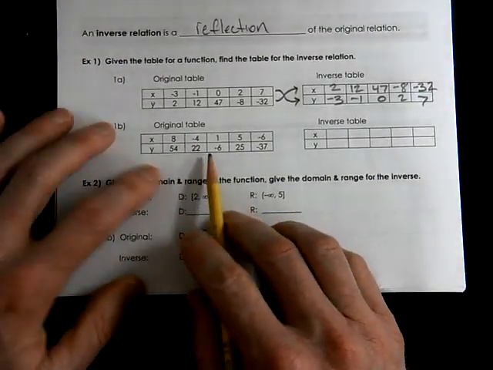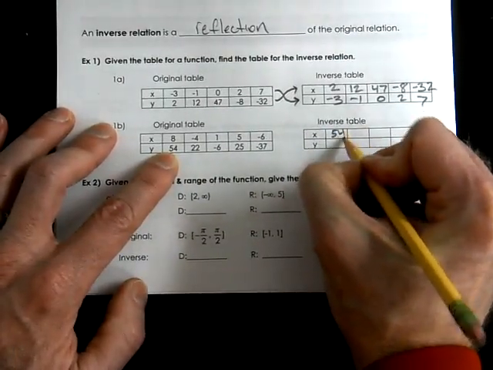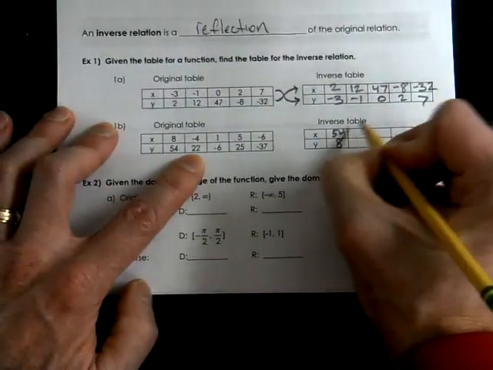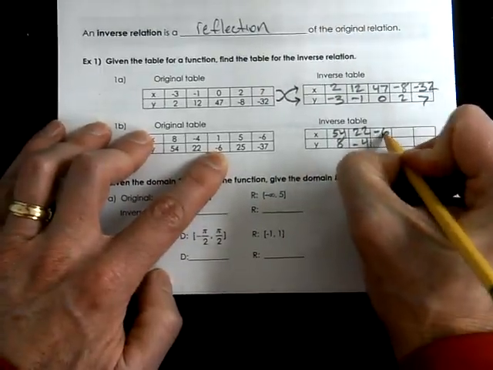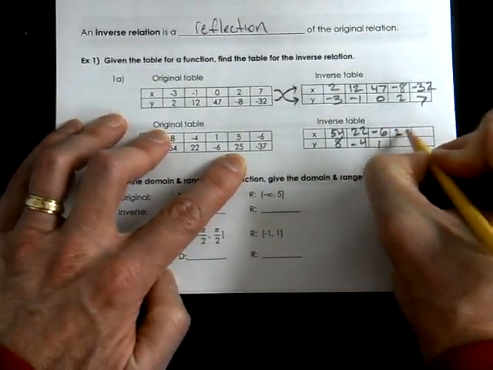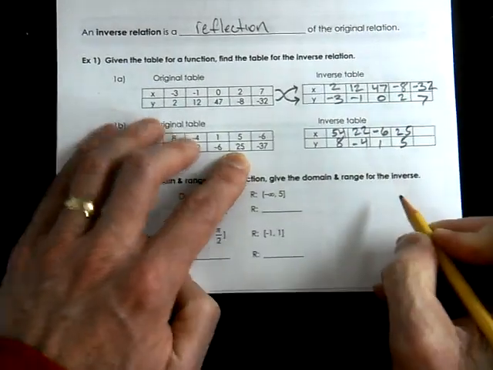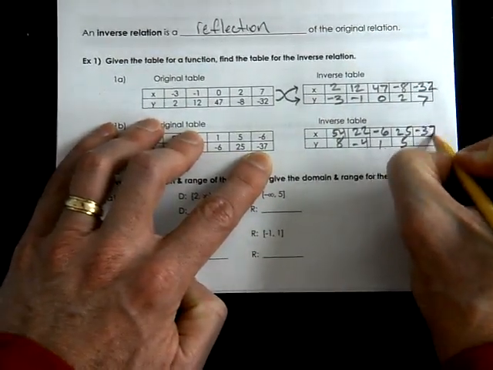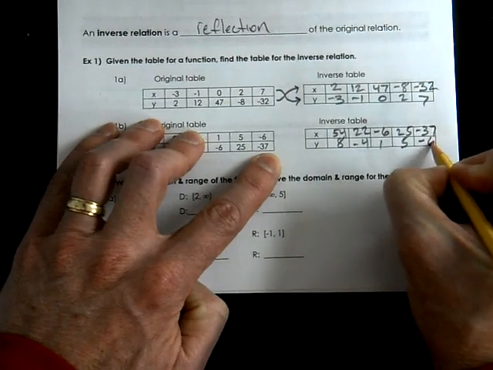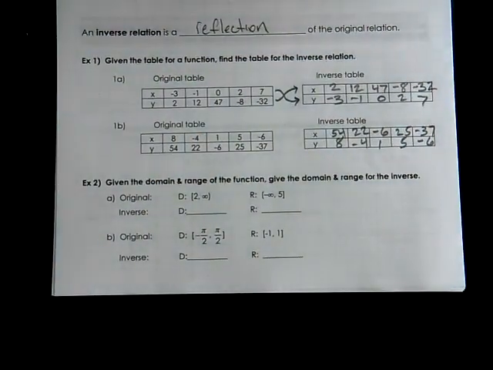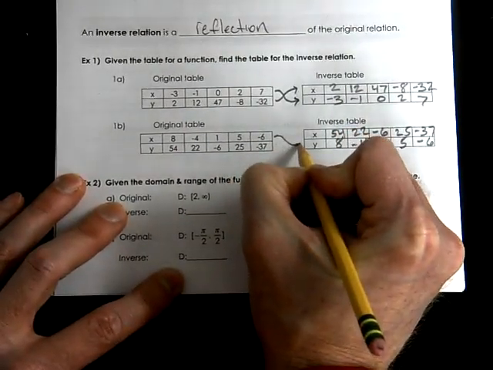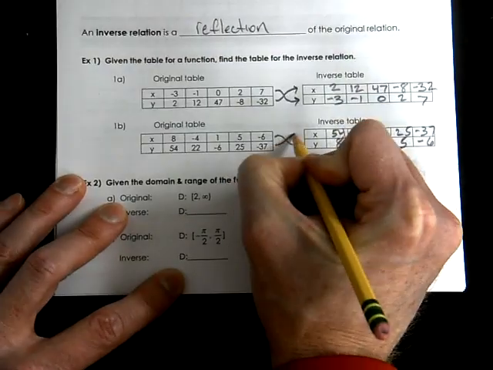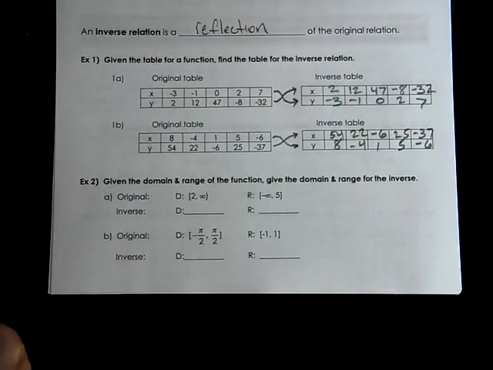And just doing it twice, 54 and 8, 22, negative 4, and you should be able to fill in these tables without purely copying off the screen. Where all the x values became the y values, and the y values became the x values.